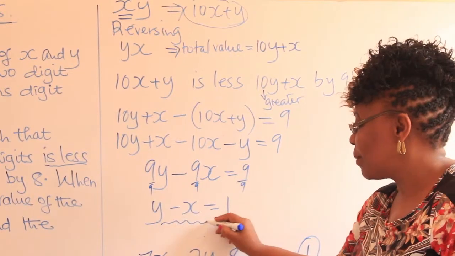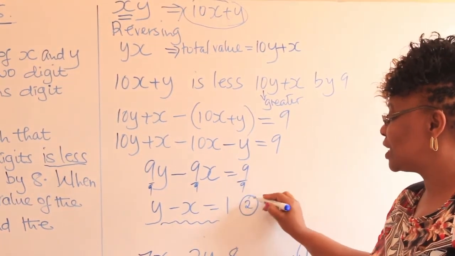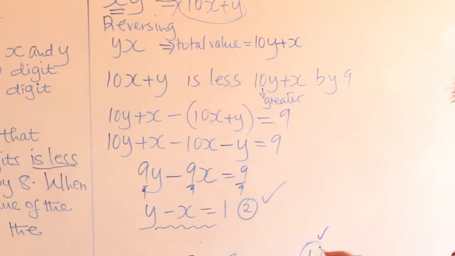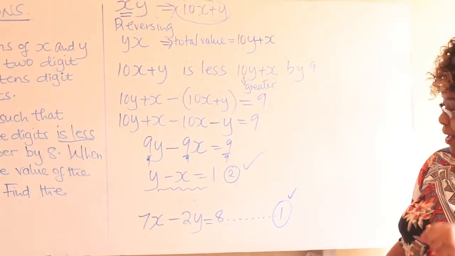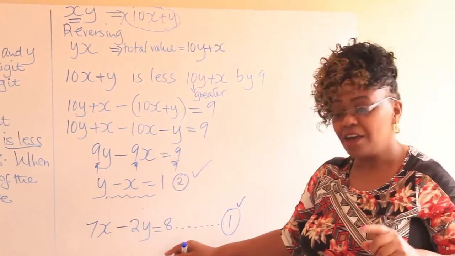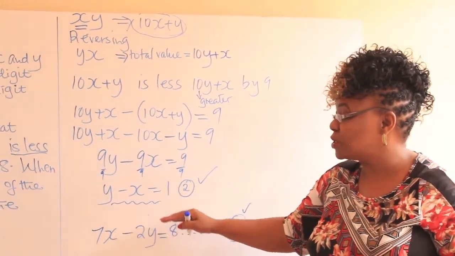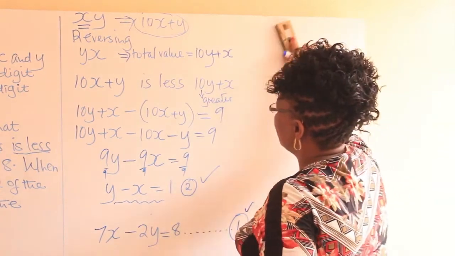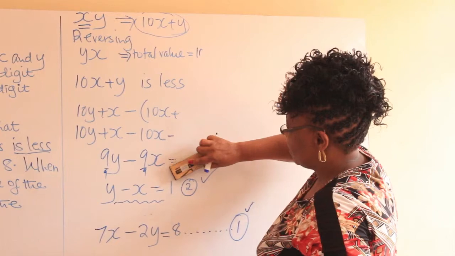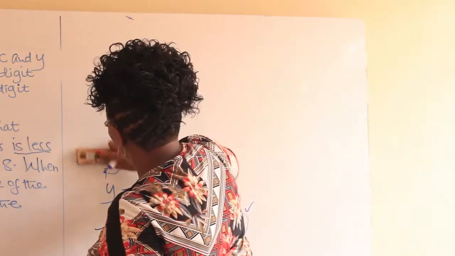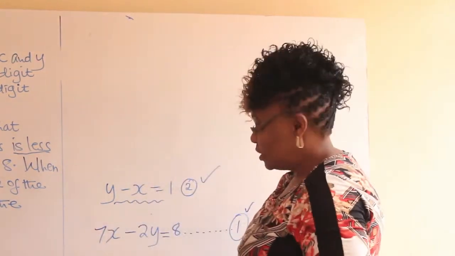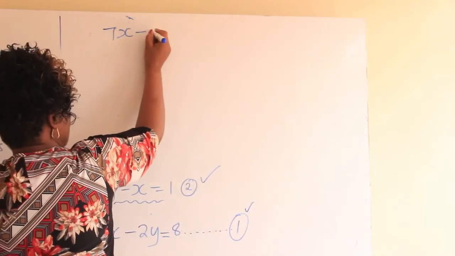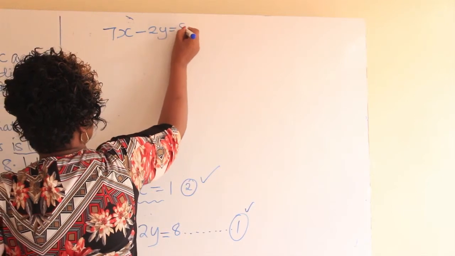We have got our second equation here. And remember, we had the first one here. So to get x and y, you solve these two equations simultaneously. Let us do that. We take the first one, it was 7x minus 2y is equal to 8.